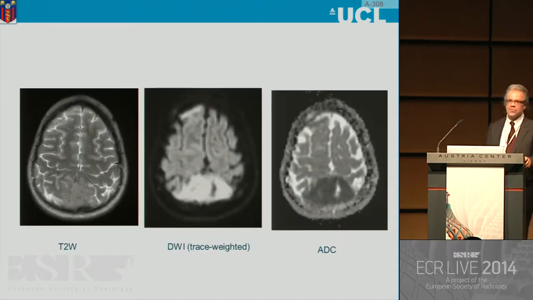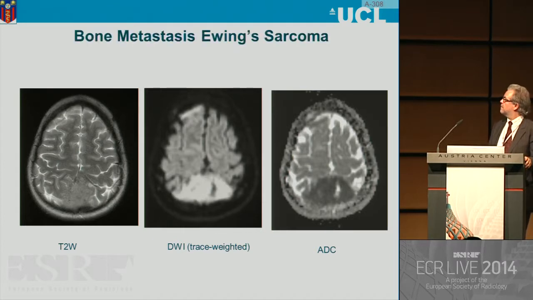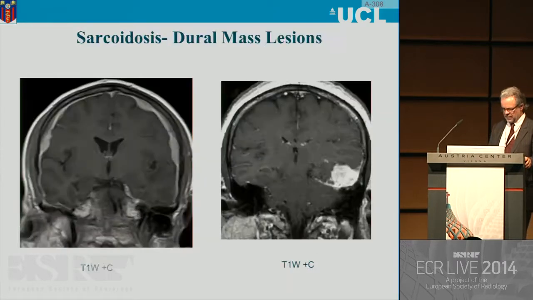Differential diagnosis is wide. Here we have an area with severely restricted diffusion, and this was a bone metastasis of a Ewing's. So extraaxial mass. This is sarcoidosis, 2 cases. Sarcoidosis can give you, those who were in the imaging interpretation session, we talked briefly about it, but these are lumpy, bumpy dura, and this is a bigger mass lesion.